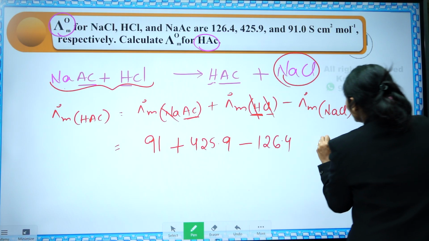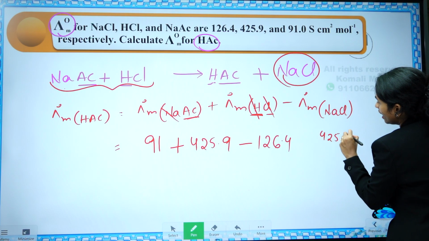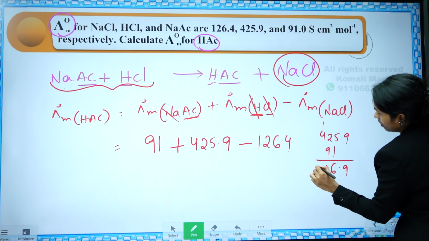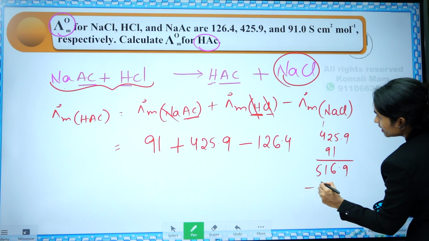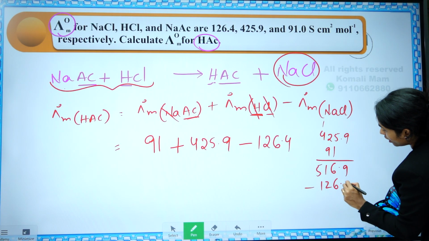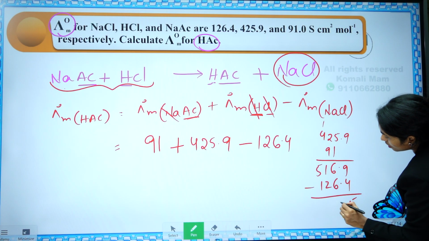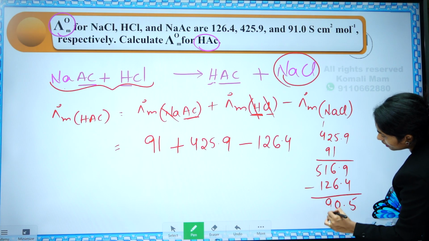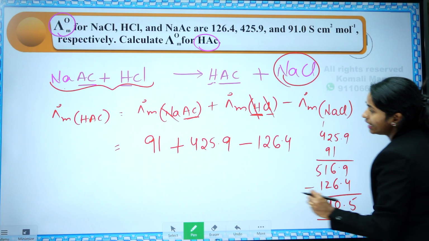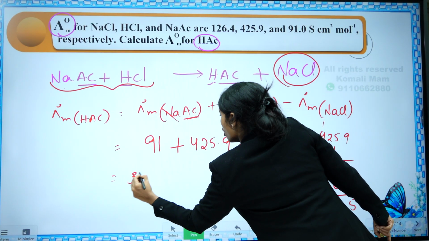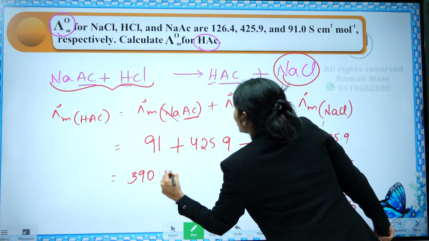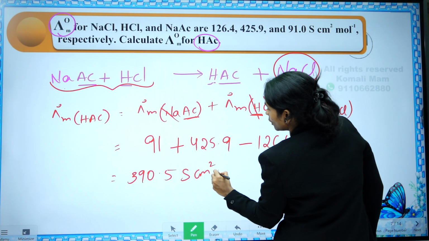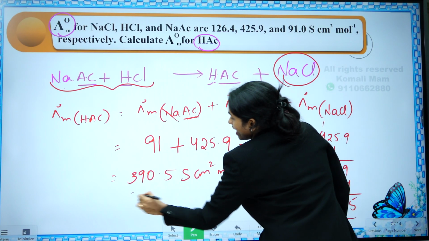So add these two, 425.9 plus 91, 516.9, minus 126.4. How much? 11 minus 2 is 9, 4 minus 1 is 3, so 390.5. What are the units, students? Siemens centimeter square mole inverse.